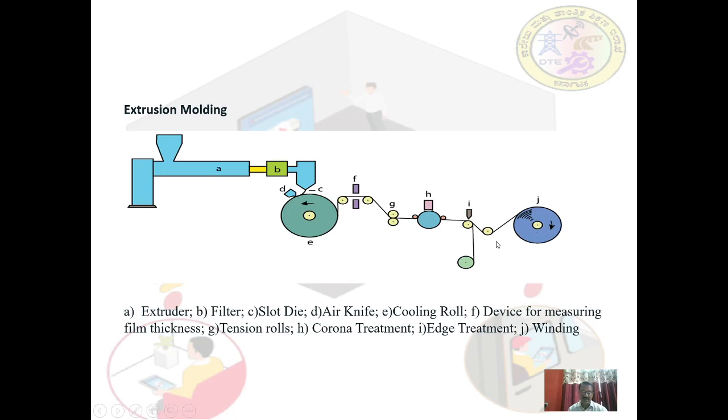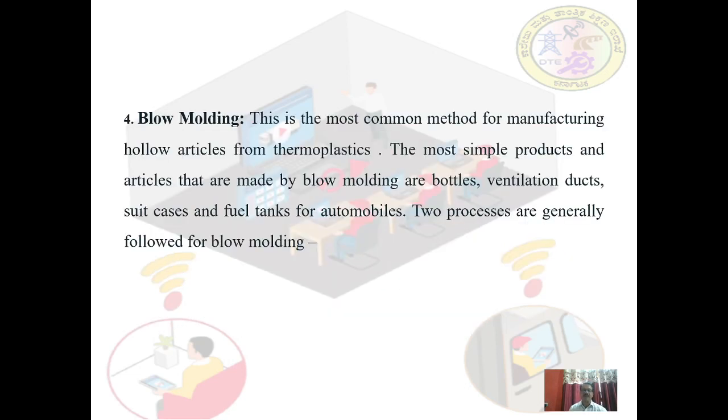The next method of molding using pressure is blow molding. This is the most common method of manufacturing hollow articles from thermoplastics. The most common products made by blow molding are bottles, ventilation ducts, suitcases, and fuel tanks for automobiles.